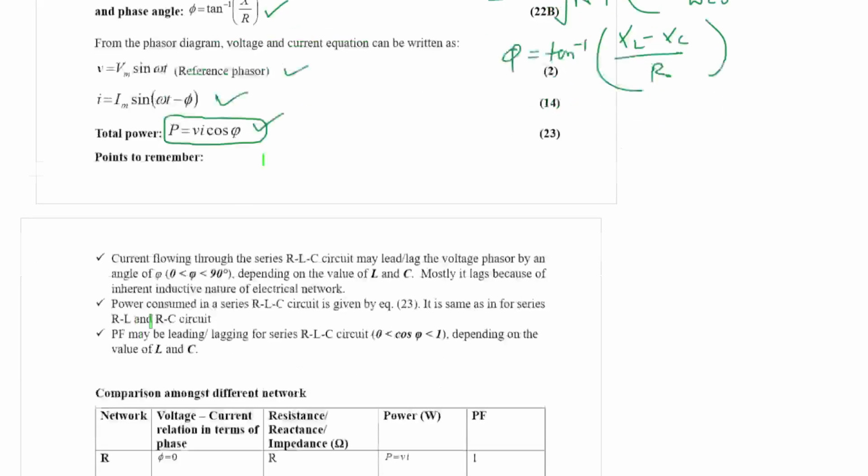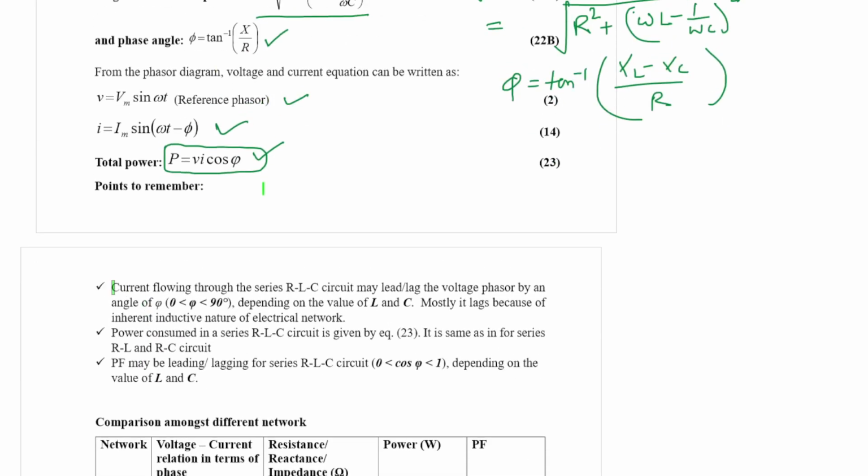Now, what points are to be remembered? Key feature: the current flowing through the series RLC circuit may lead or lag depending on the values of L and C.